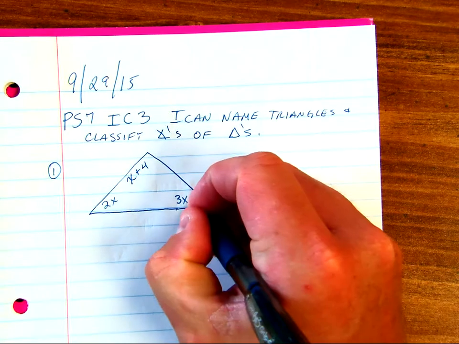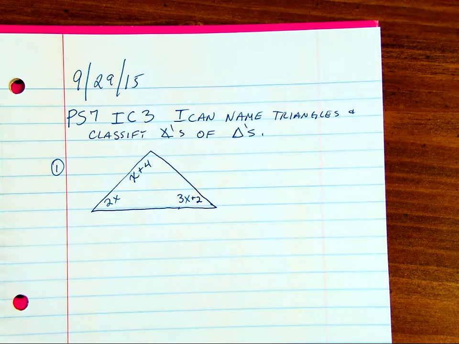Let's make this 3x plus 2. So we have 2x, we have x plus 4, and we have 3x plus 2.